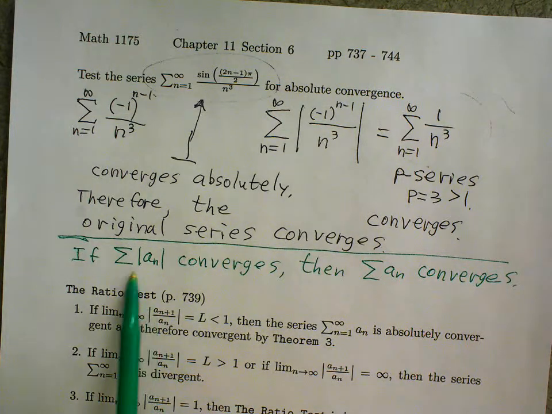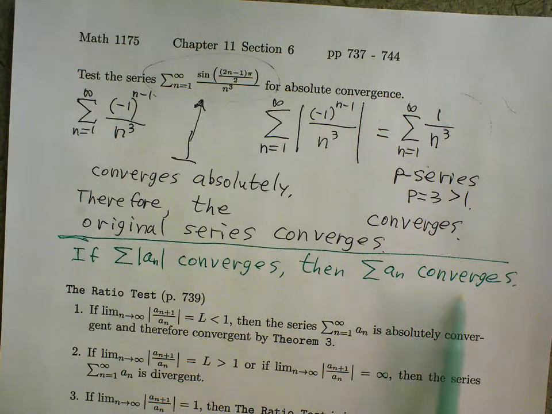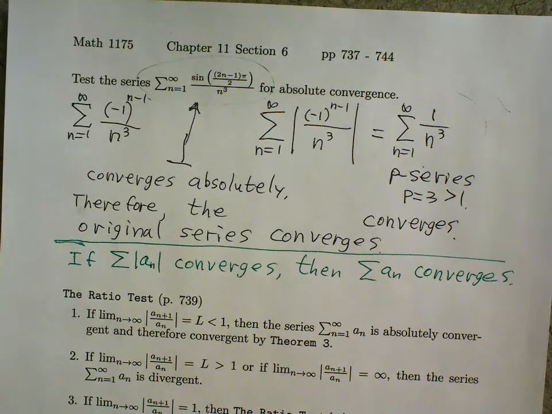So if the series converges absolutely, then the series converges. Okay, the next test is called the ratio test.